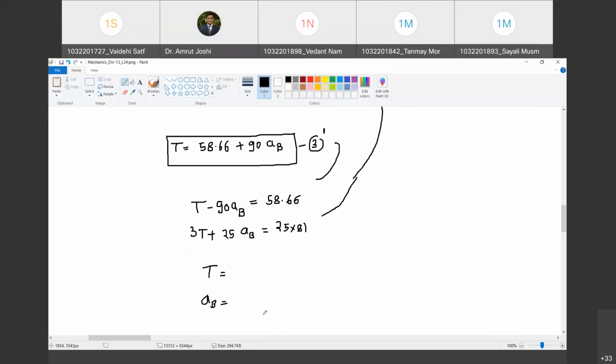Let me solve this equation with you. So what is the coefficient of T? Then minus 90, then 58.86. 58.86, is it? Yes, sir.